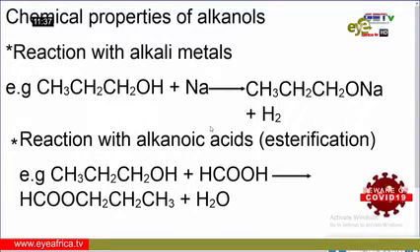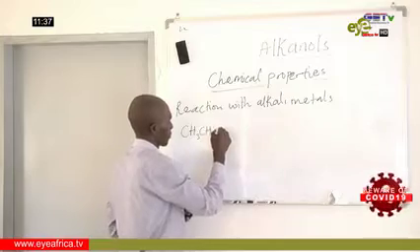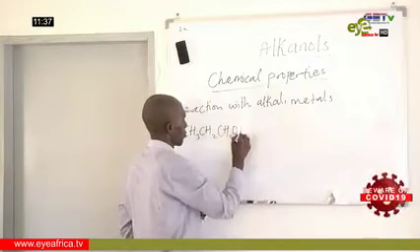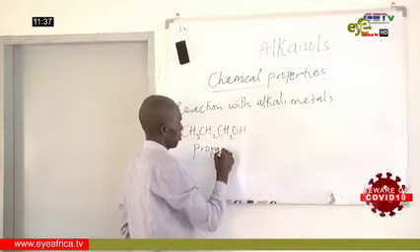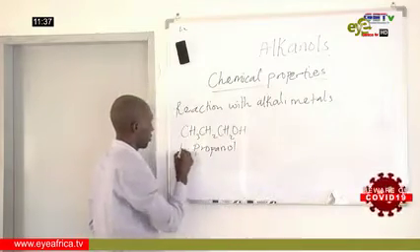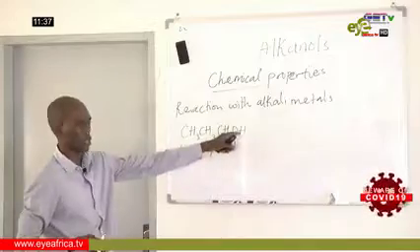Example, if you have a propanol, for example, reacting with sodium, this is propanol, or 1-propanol, because the functional group is on carbon number 1.